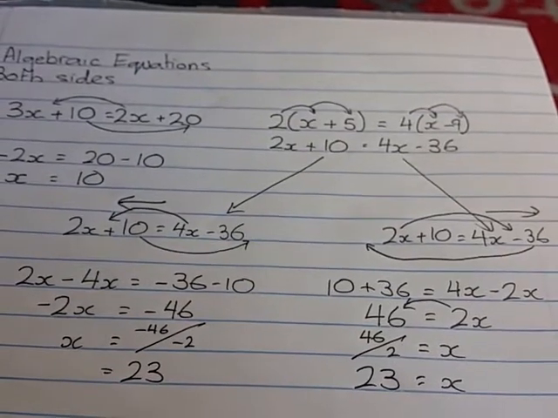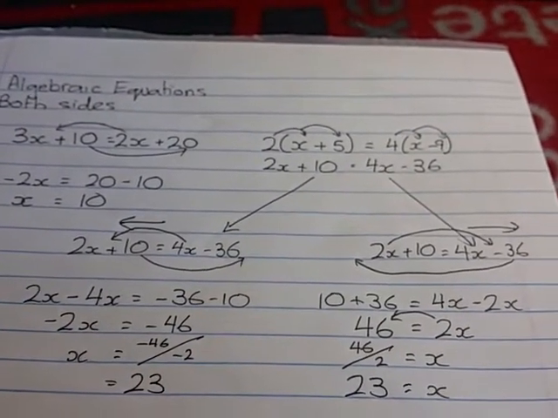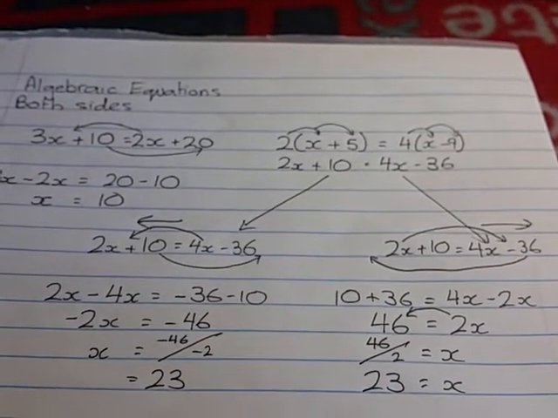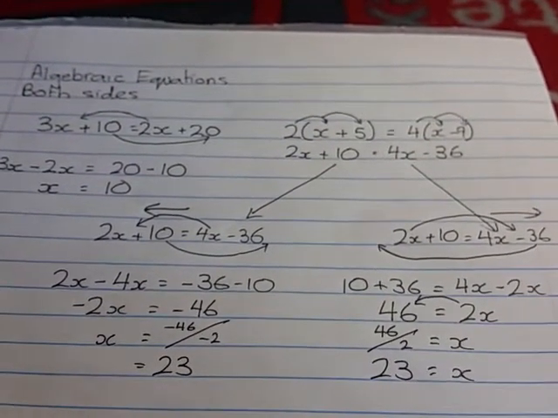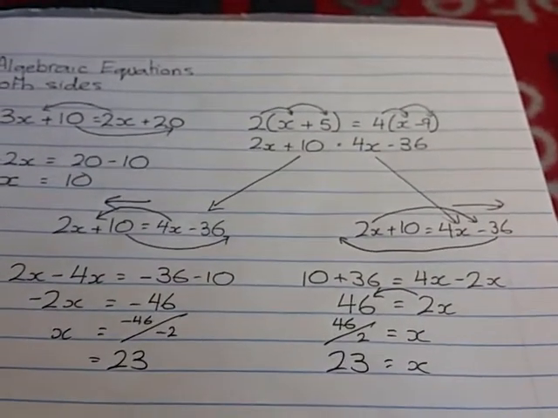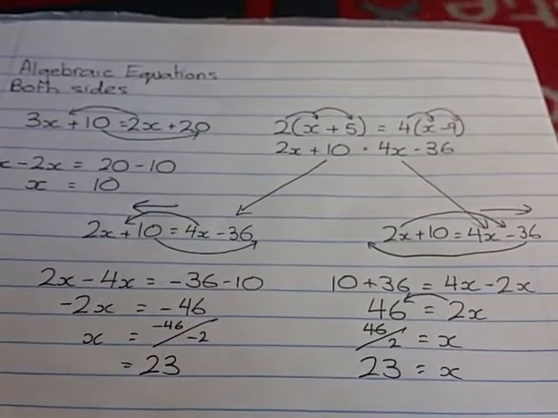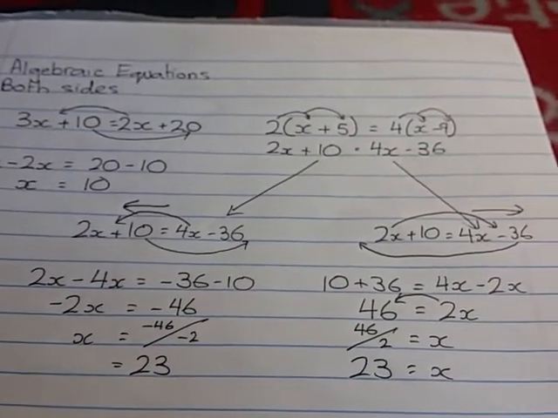So this is my way of showing you that the main thing with algebraic expressions, especially when it comes to both sides, is that you need to move the variables onto one side and then keep the numbers on the other. And it doesn't matter whether it's the left or the right.